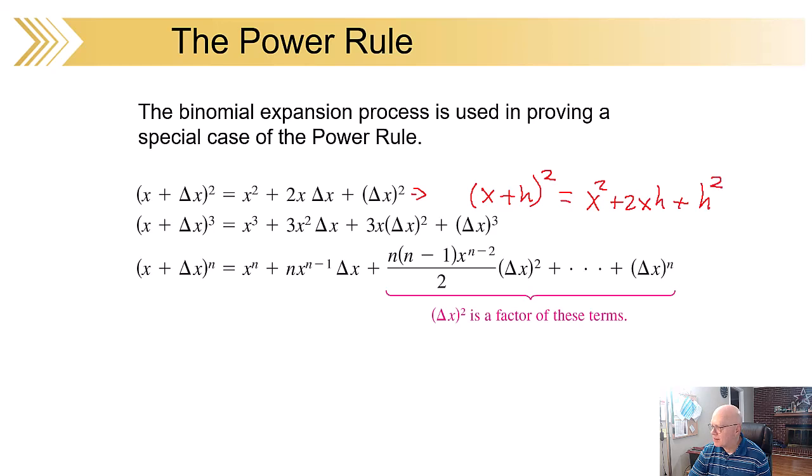Can you make that translation? All the delta x's become h's just to make things a little bit simpler. That way you don't think of this as being two numbers, but one instead, just the h. Second one, x cubed plus 3x squared h plus 3x h squared plus h cubed, and so on.